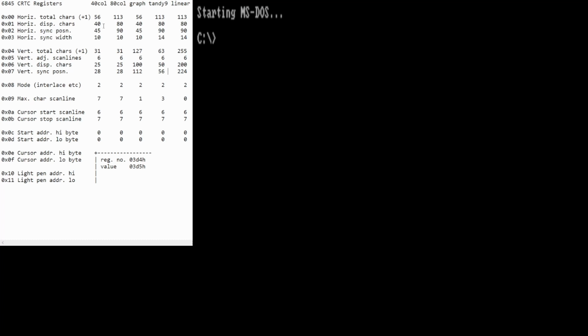But it still uses a multiplication by 2. So this means that every time this address gets updated that the CRTC is outputting, it's actually moving 2 bytes in video RAM. And because we can fit 4 pixels per byte in video RAM, each pixel is only 2 bits wide, this means that we get a total of 8 pixels per character in video RAM.